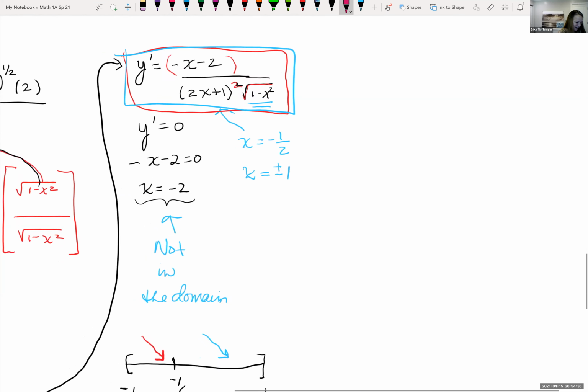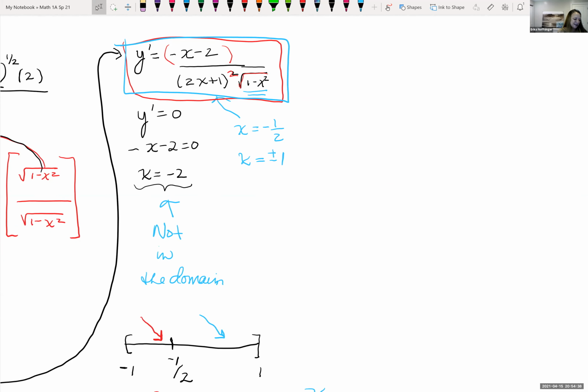It's just a lot of algebra. So let's look at the second derivative. So when I take the second derivative, quotient rule, derivative of the top, derivative of -x minus 2, that's just a -1. So -1 times my denominator, which is that 2x plus 1 quantity squared, square root of 1 minus x squared.